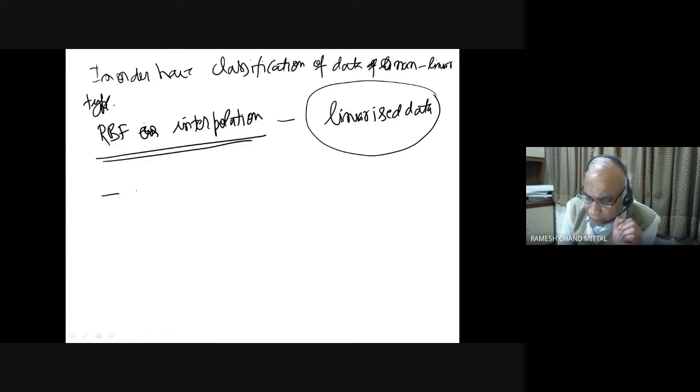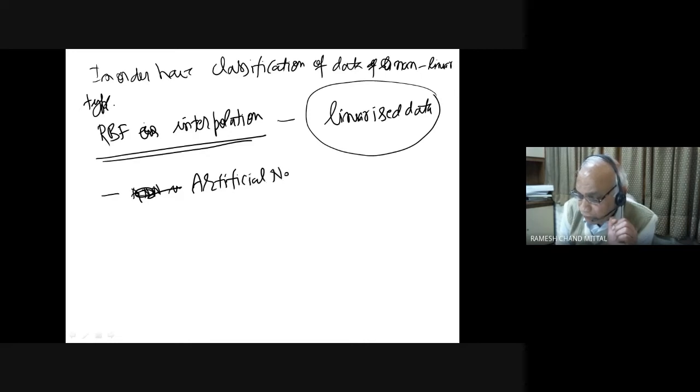One is the artificial neural network, ANN, or you have SVM, support vector machine. ANN and support vector machine.